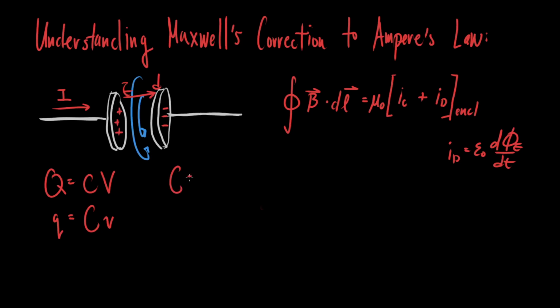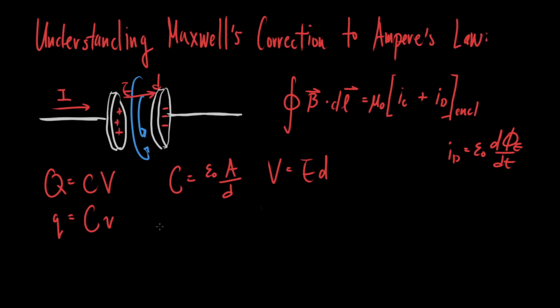So capacitance is related to the following formula we can remember from earlier parts of electricity and magnetism, epsilon naught A on D. And voltage, just for a capacitor and strictly parallel capacitors, is ED, so E for the electric field and D for the distance in between.